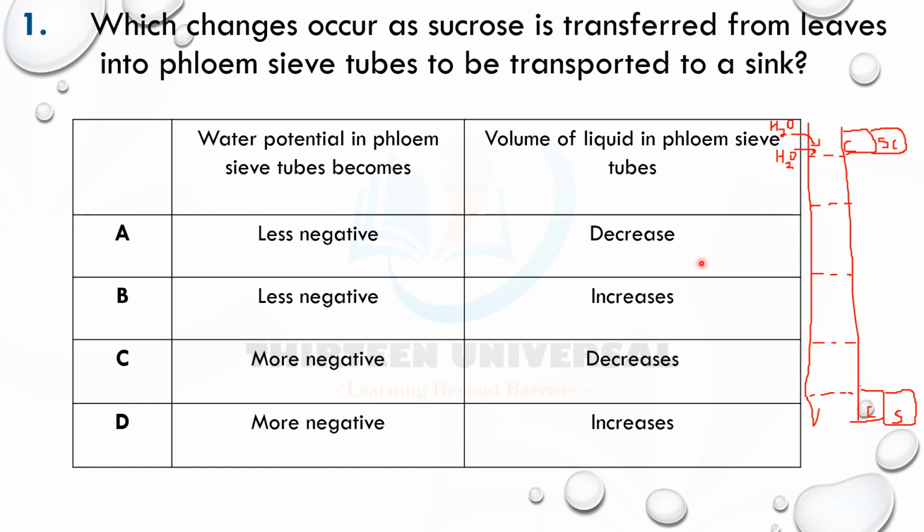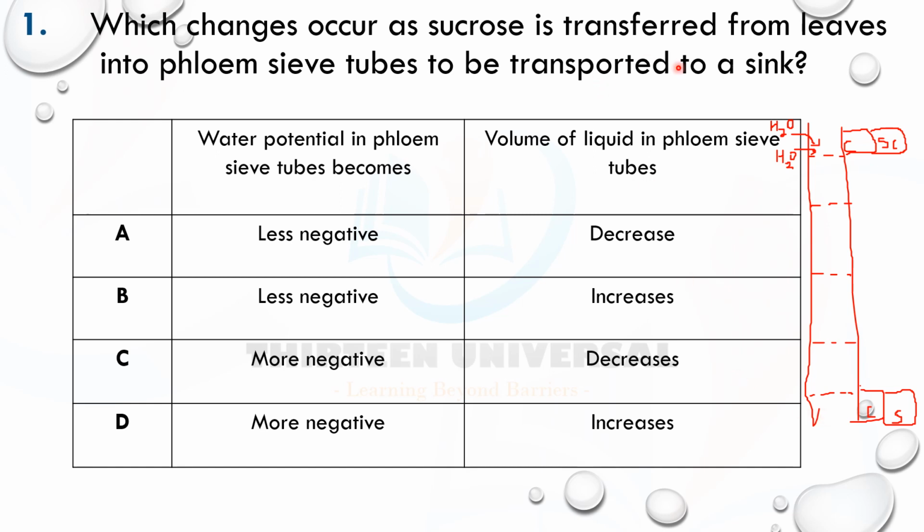But if it is the sink, and you move sucrose out from the sieve tube into the sink, the water potential will increase, becoming less negative, and water will leave by osmosis. So the volume will decrease.